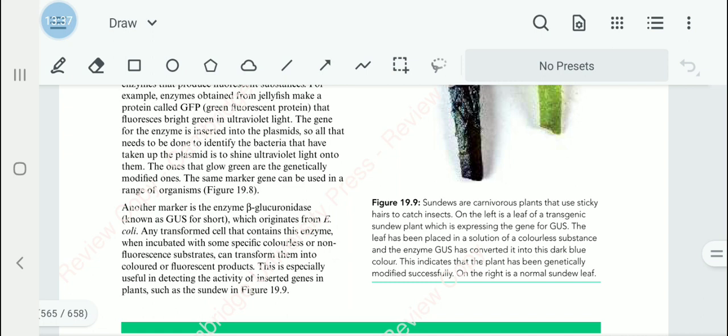Next one, leave a line and write enzyme beta-glucuronidase, within brackets GUS, from E. coli, when incubated with some specific colorless or non-fluorescent substrates, will transform into colored or fluorescent products.